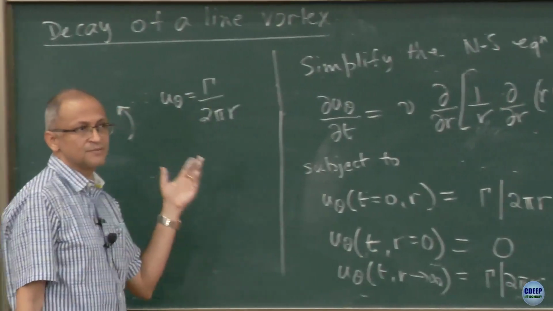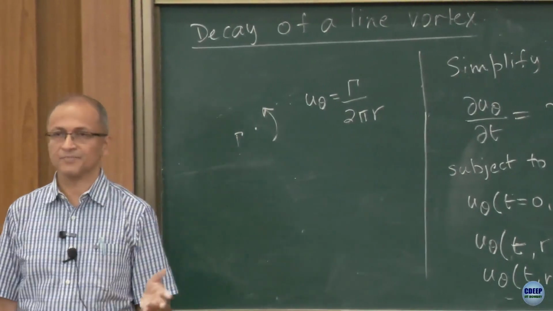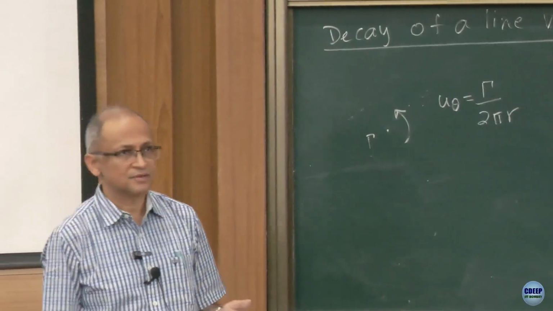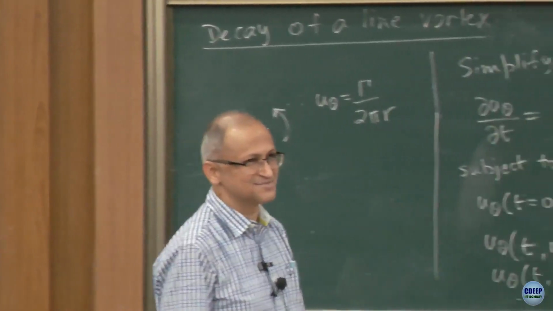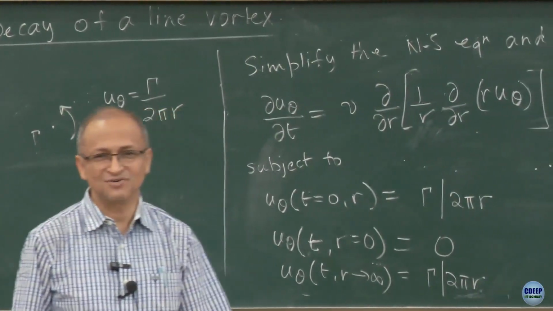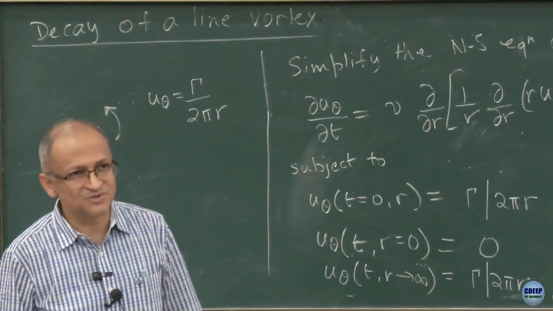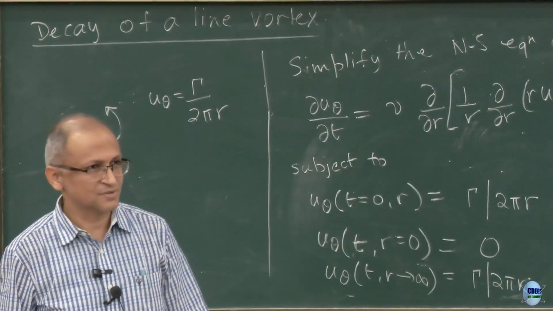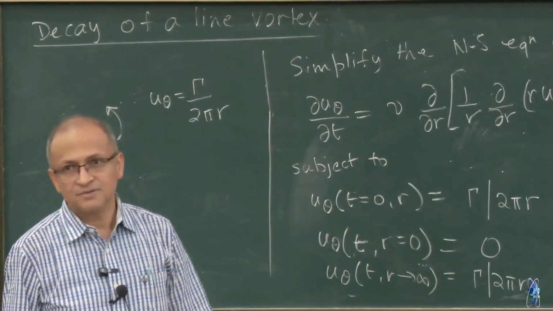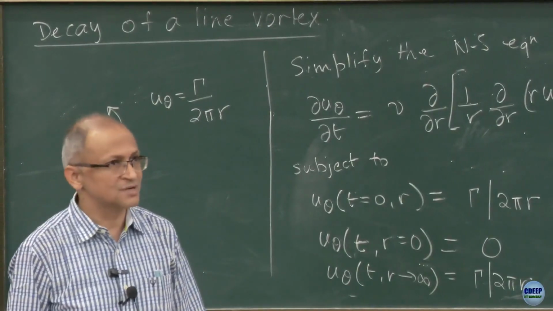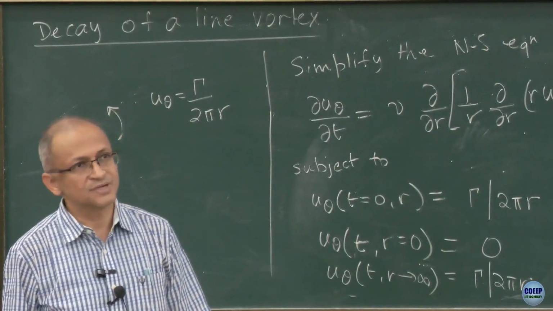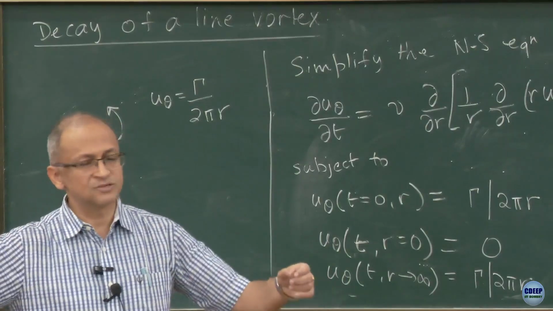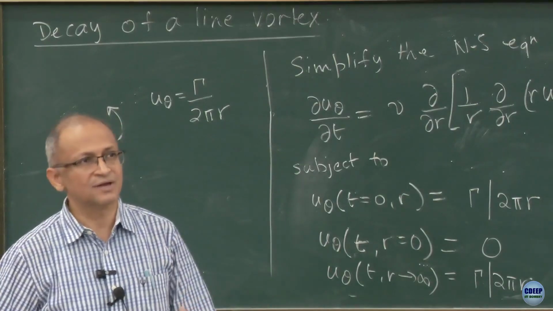First step, in this case, is to look for a similarity solution. By now we have said it so many times. Why a similarity solution? Because there is no natural time scale or length scale in the problem. It's not that after a certain time t1, I do something else.